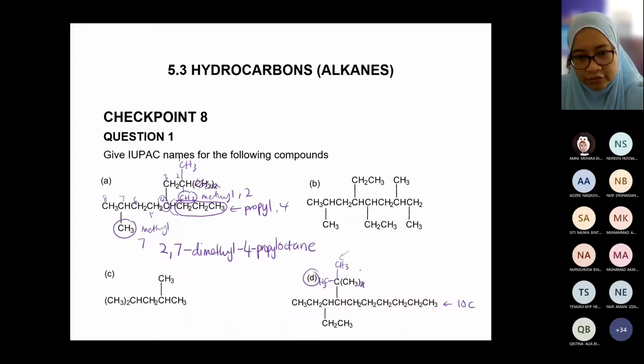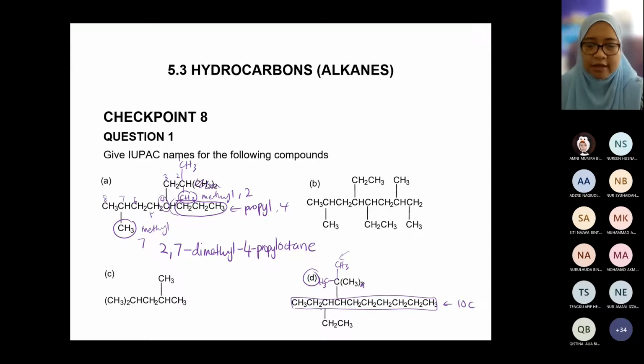Nampak macam panjang kan? 1, 2, 3, 4, 5, 6, 7, 8, 9. You only have 9. Okay, how about this one? Turun bawah. Ni sikit. 1, 2, 3, 4, 5, 6. Okay, kita ada 10 carbon, kita ada 6 carbon, we have 9 carbon, so the longest will be 10 carbon. So ni lah. This will be the parent.